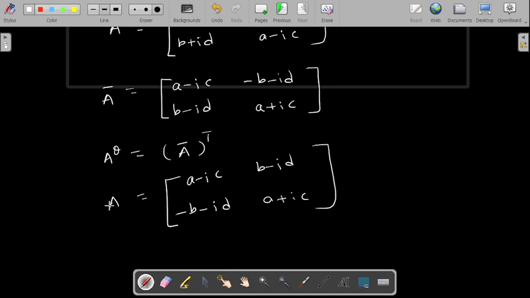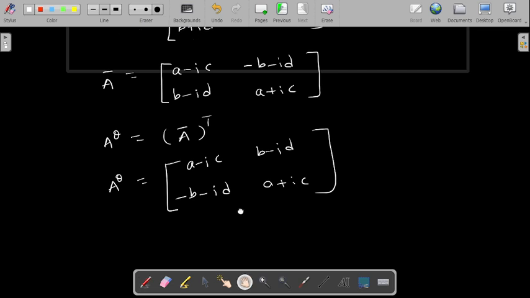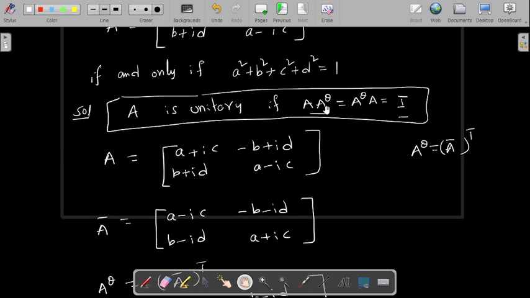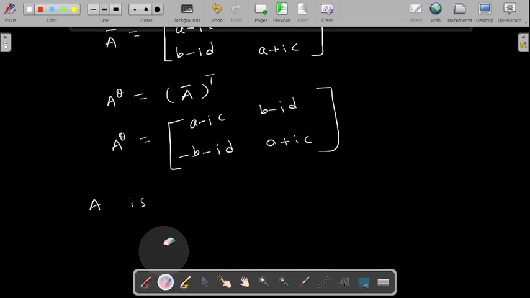You got A dagger. So now you find A into A dagger. A is a unitary, you know that, A into A dagger equal to identity. Okay. So first we'll try to find the A into A dagger.